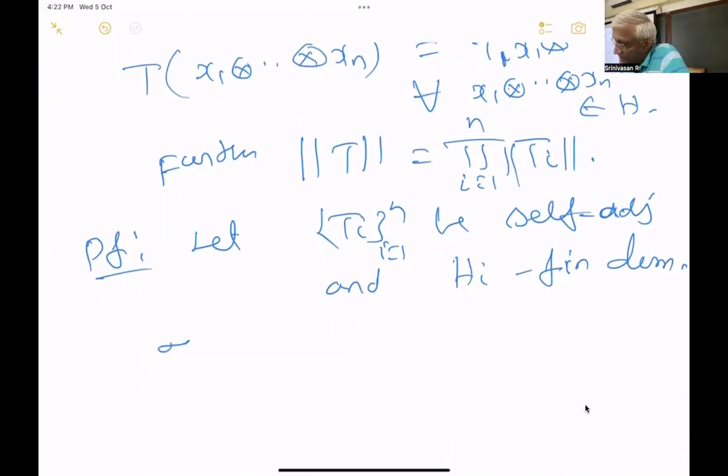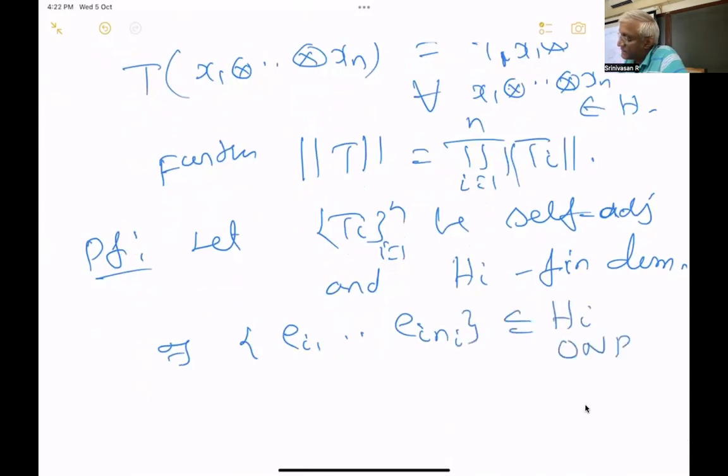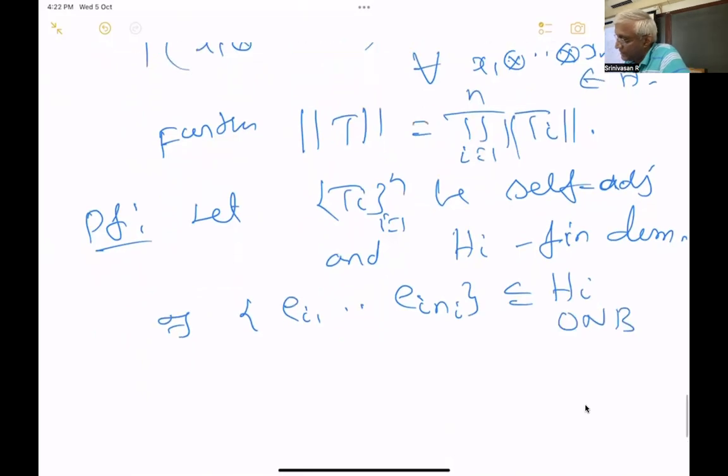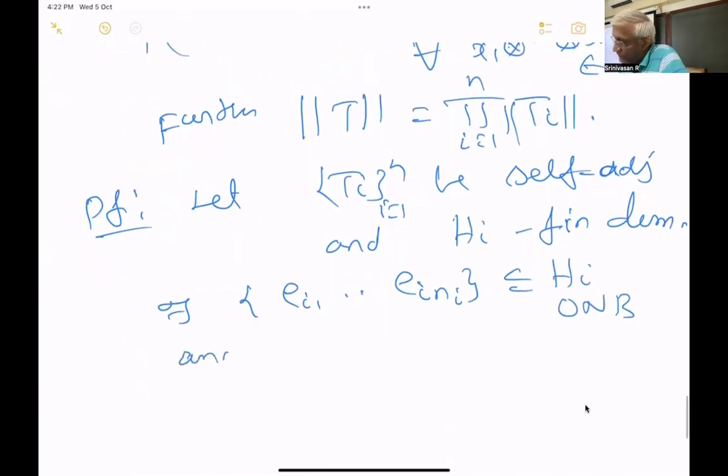So there exists e_i1 up to e_iNi contained in Hi, an orthonormal basis, finitely many of them. This is a self-adjoint operator, so it's diagonalizable and there exist eigenvalues and eigenvectors for that.